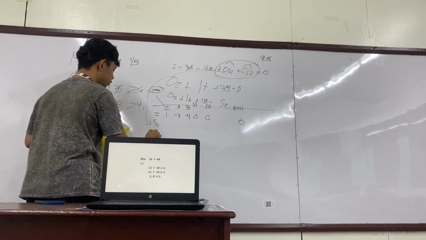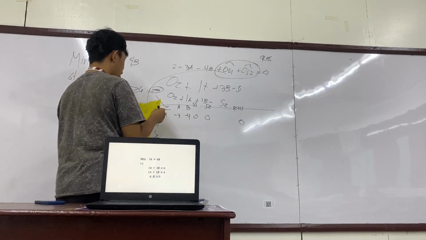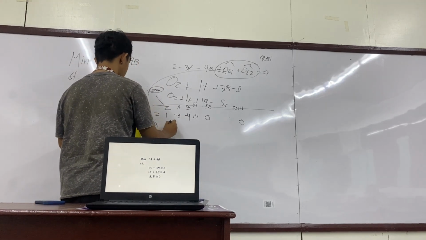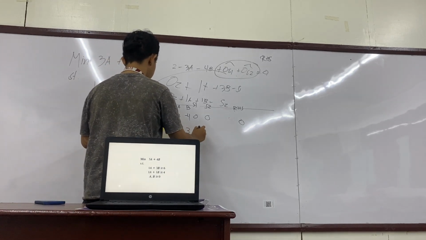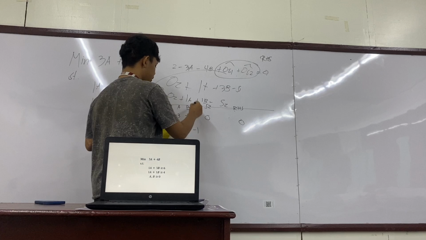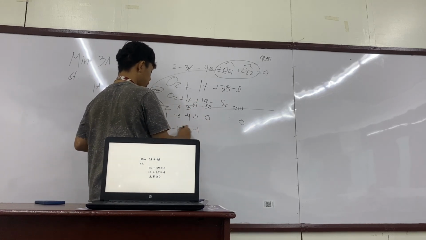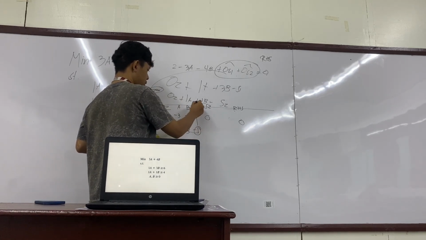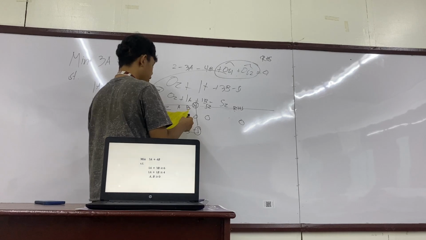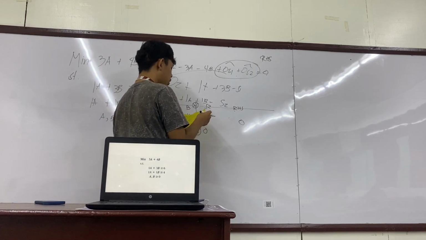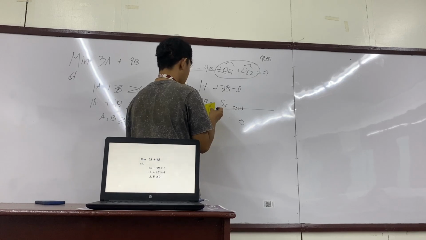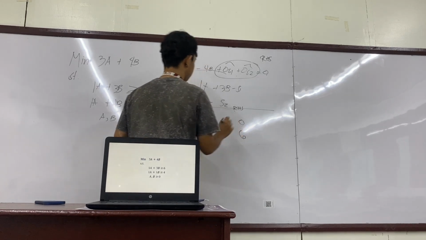And the S1 row is 0, 1, 3, -1. Since this is S1, then 0, this is the S2. Then the RHS is 6. Okay?